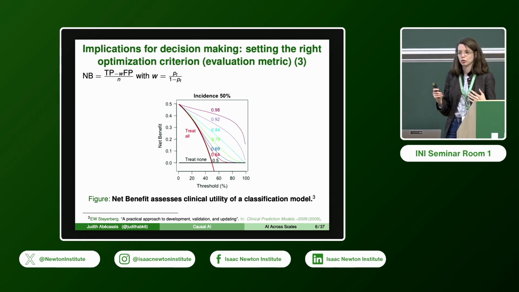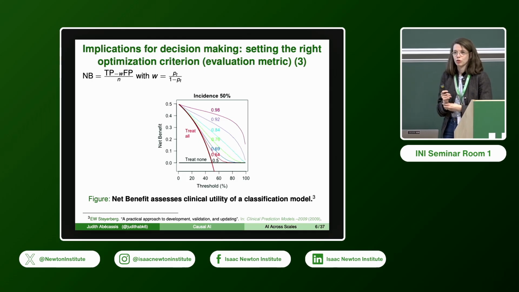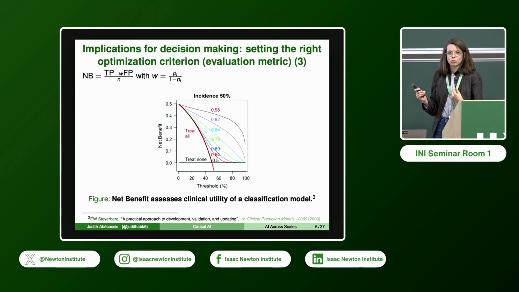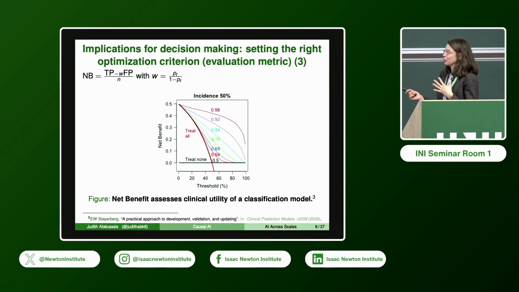If you want to propose an advanced screening for cancer, you are prepared to offer it to a lot of people, so as not to miss any case. But if you just want alarms in the ER, you don't want every machine beeping every five seconds. So you should really think about what you want to achieve.